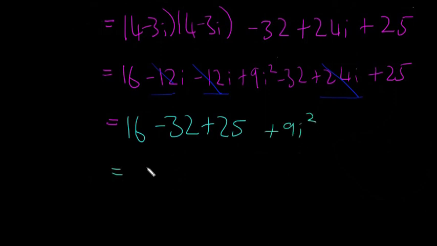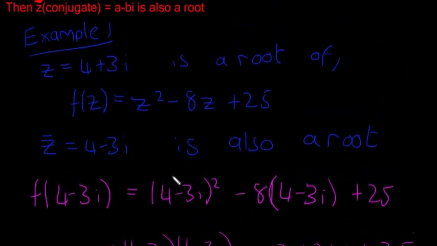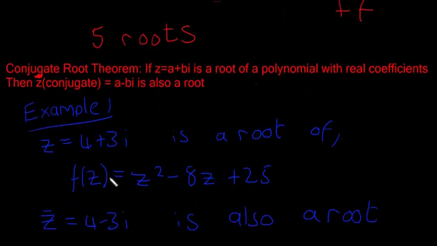That gives us plus 9, and then this plus 9i squared. Remember, i squared is equal to minus 1, so 9i squared is minus 9, and this gives us 0. So we've just proved that the conjugate is also a root of the quadratic. We've proved the conjugate root theorem for this question here. Okay, and we'll see you next time.